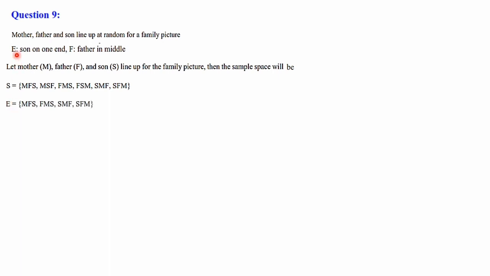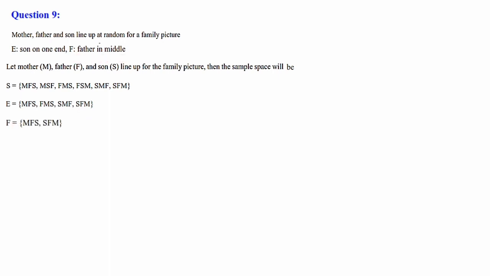E, son on one end. You can check this sample space for son on one end. Here the son is on an end, that is MFS, and here also the son is on one end, that is FMS, and again here the son is first, that is SMF, and here also the son is at one end, that is SFM. Then F is father in the middle.